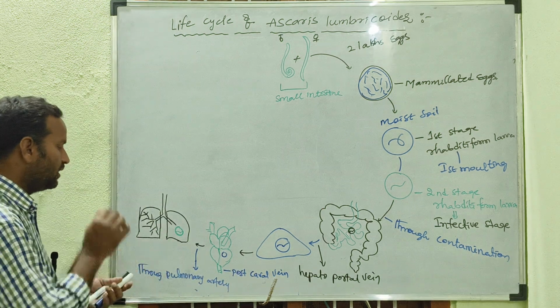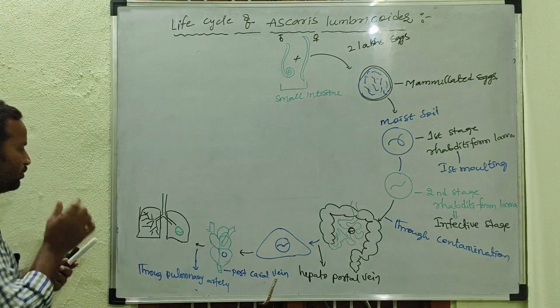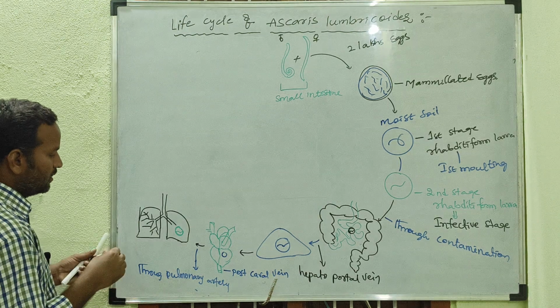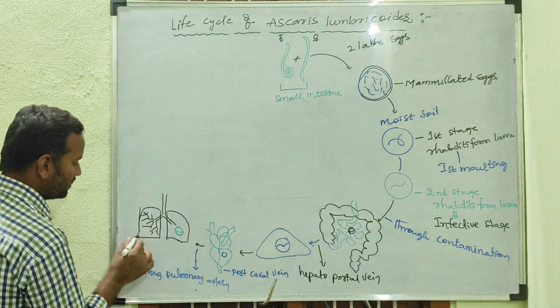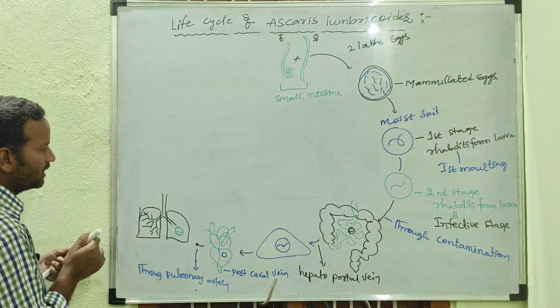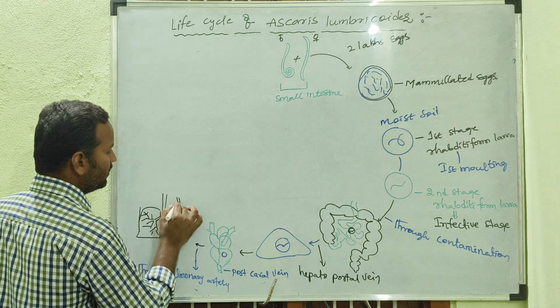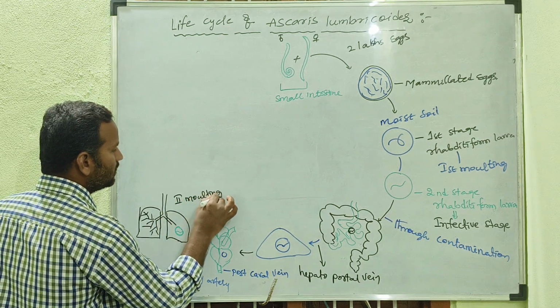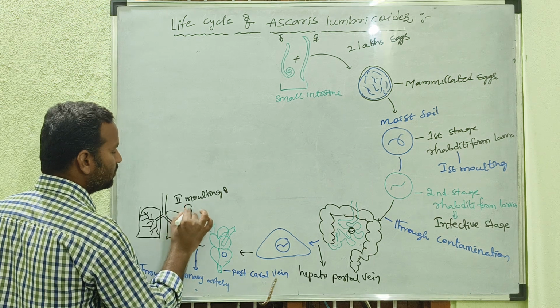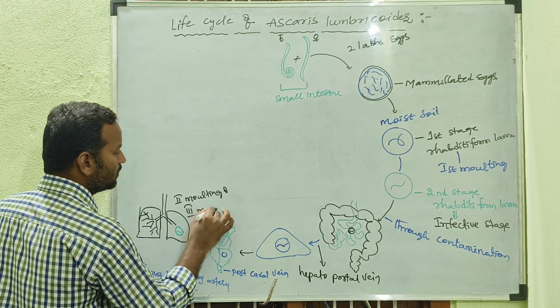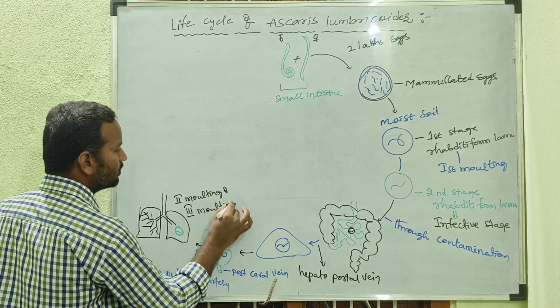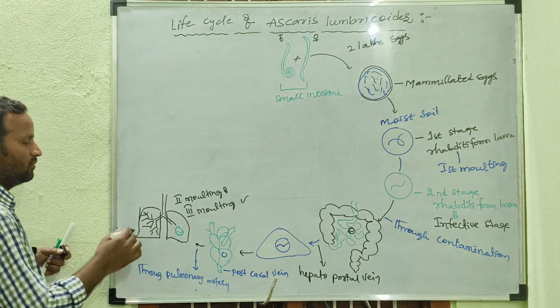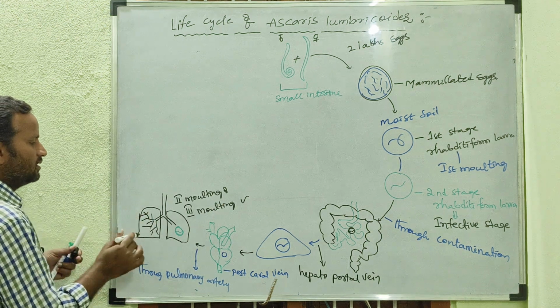How many moltings are completed here? Two moltings, the second molting and the third molting, in the lungs. After that, it releases the fourth stage larva.